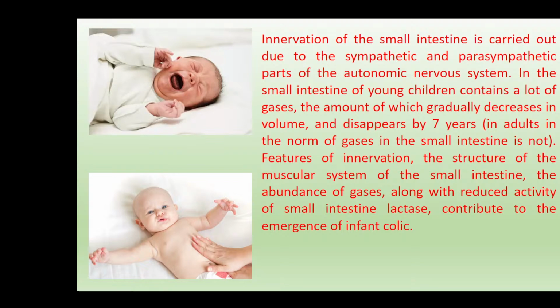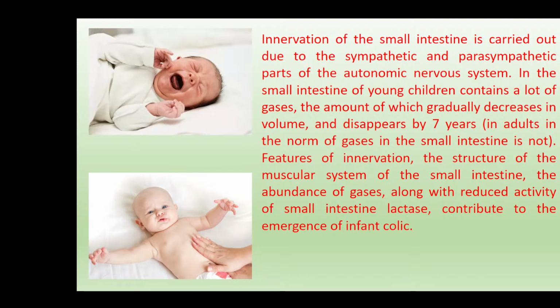Innervation of the small intestine is carried out by the sympathetic and parasympathetic parts of the autonomic nervous system. The small intestine in young children contains a lot of gas, the amount of which gradually decreases and disappears by 7 years. In the small intestine, gases are present as normal up to 7 years, no more.